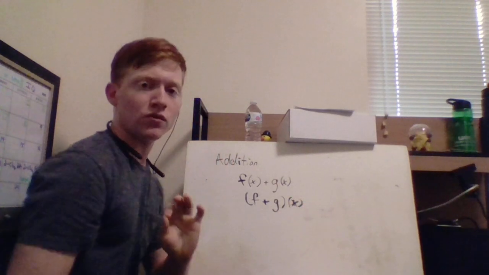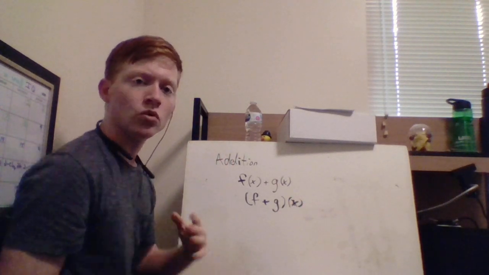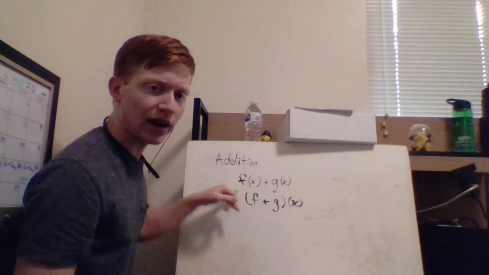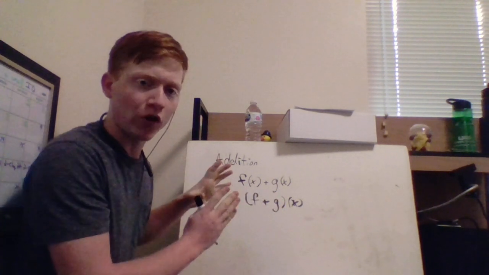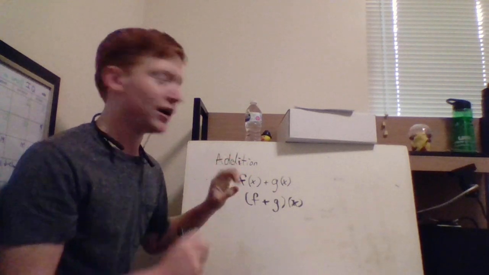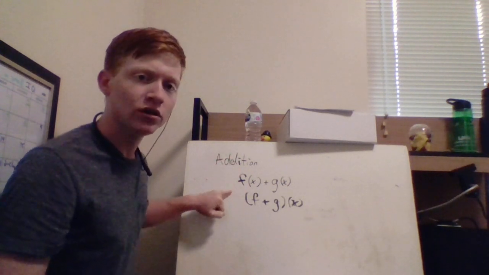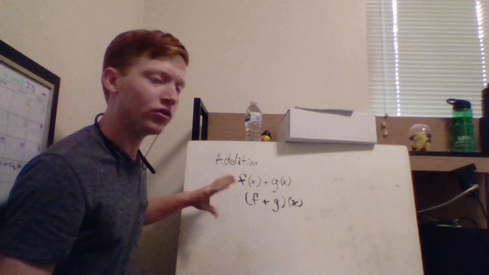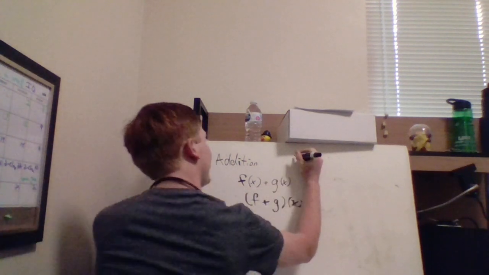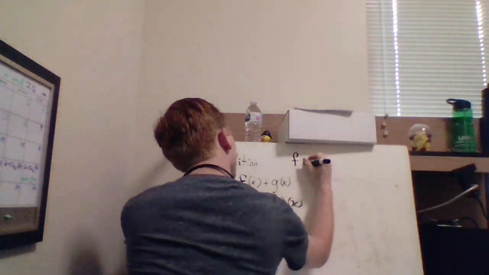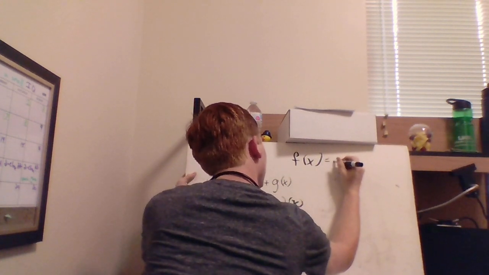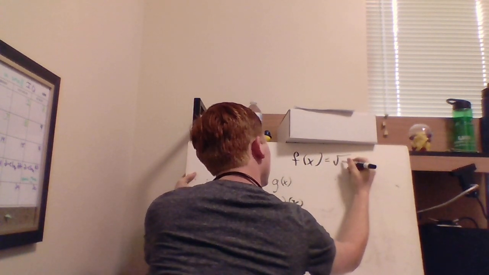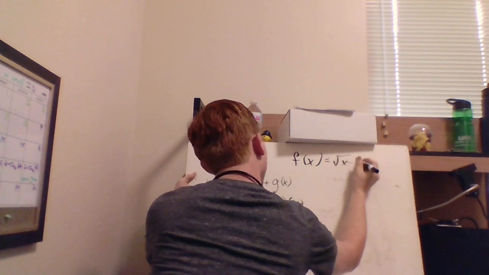Now I am going to assume that you know what we're talking about in section 1.3. They're just saying this function, and the actual letter doesn't matter as long as it's consistent. Say I say f of x equals the square root of x minus 2.